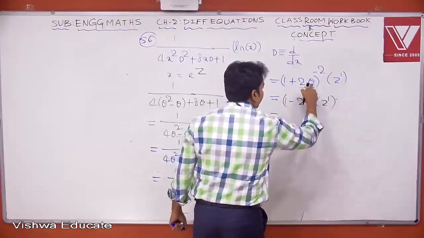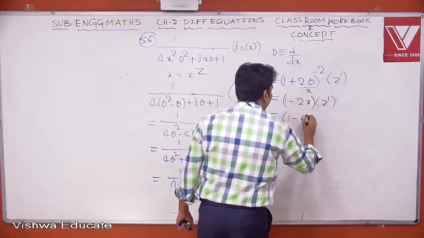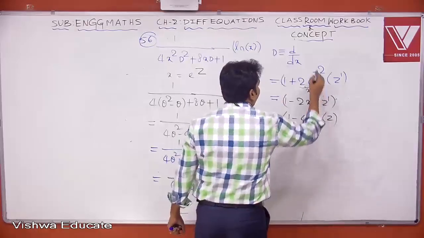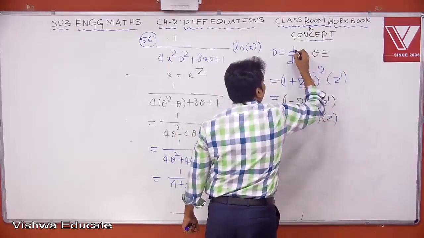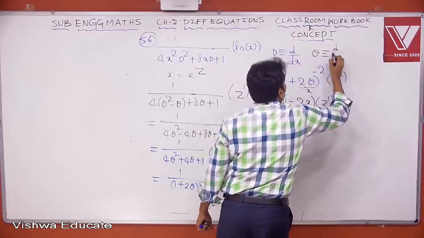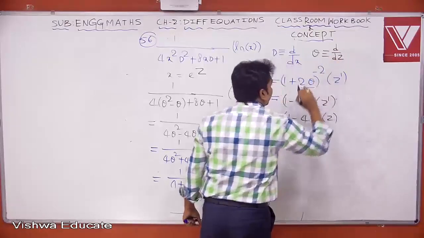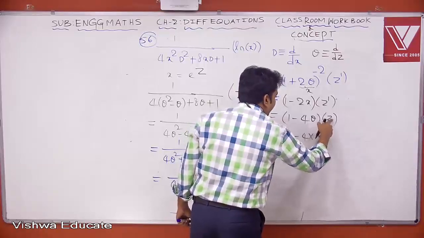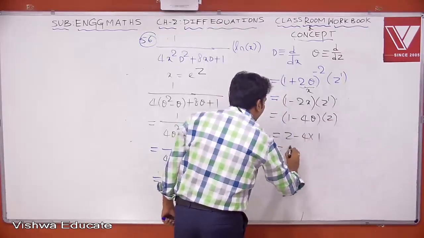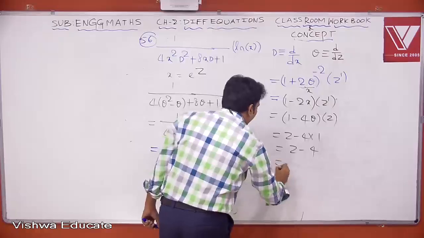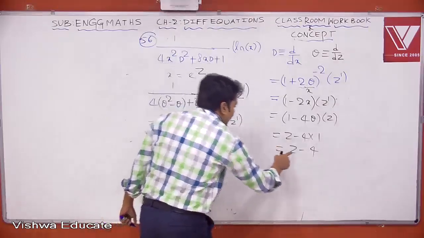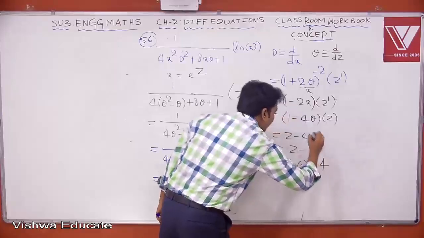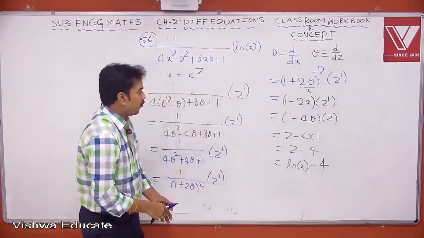So here what is x? It is 2θ. So this is (1 − 4θ) of z. But what is θ? d/dz. D is a differential operator with respect to x, θ is a differential operator with respect to z. So z − 4 d/dz of z, which is 1. Therefore this is z − 4. But when x is e^z, z is log x. So ln x − 4 is the result.